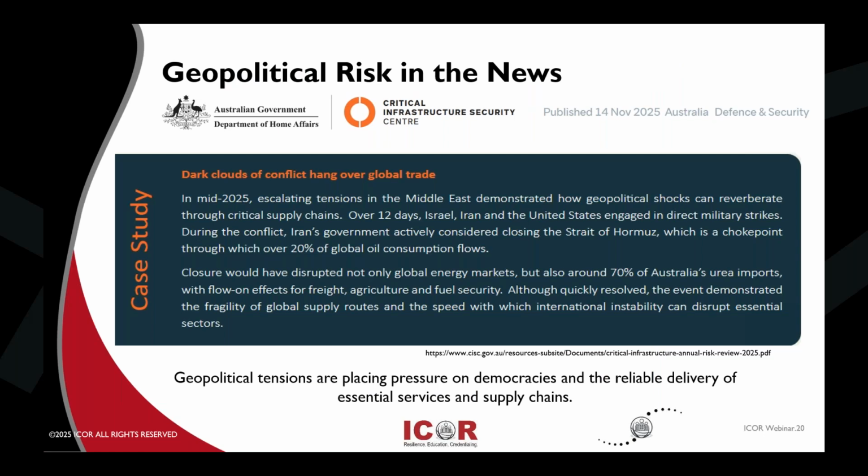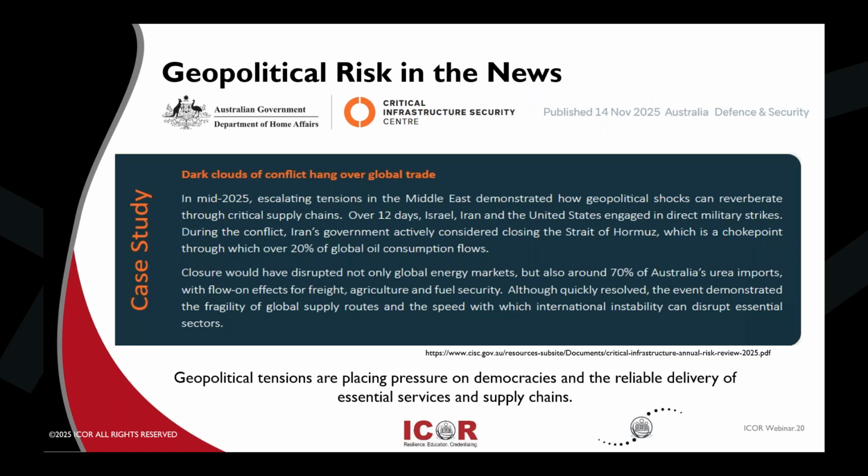But because of that, Iran's government actively considered closing the Strait of Hormuz. I'm hoping I'm saying that right. That's a choke point through which over 20% of the global oil consumption flows. Closure would have disrupted not just the global energy markets, but around 70%, can you imagine that, of Australia's imports, with the flow-on effects for freight, agriculture, and fuel security.